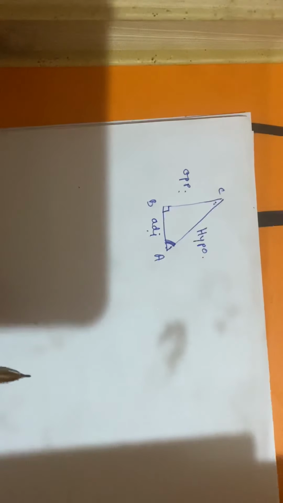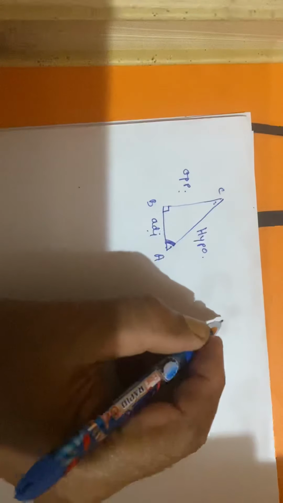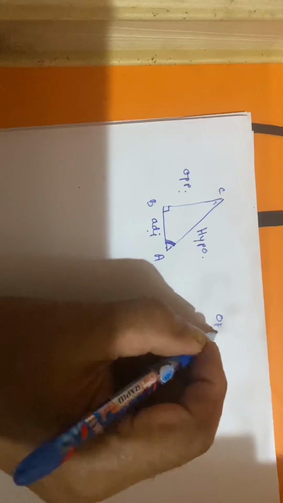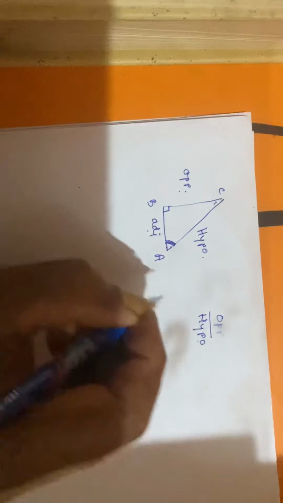Now with the help of these three sides, let us have some ratios. It's a comparison. Say opposite by hypotenuse. This is one ratio.